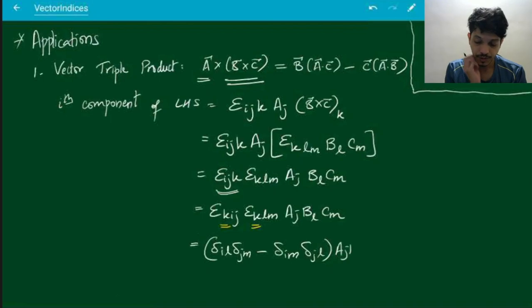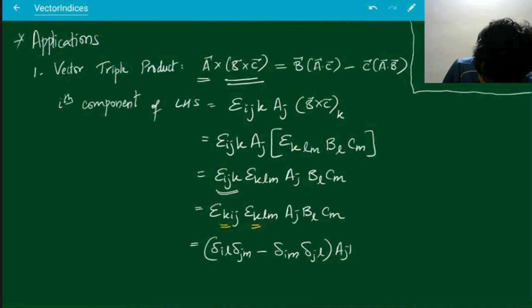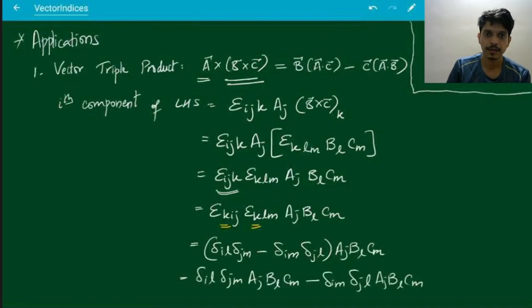Because this is the first time, I'm going to explicitly open everything and write it. So this is delta il, delta jm, aj bl cm, minus delta im, delta jl, aj bl cm. Now what?